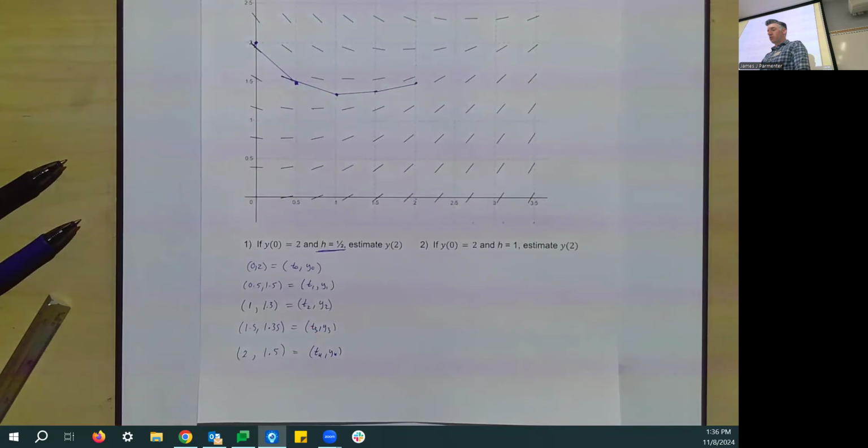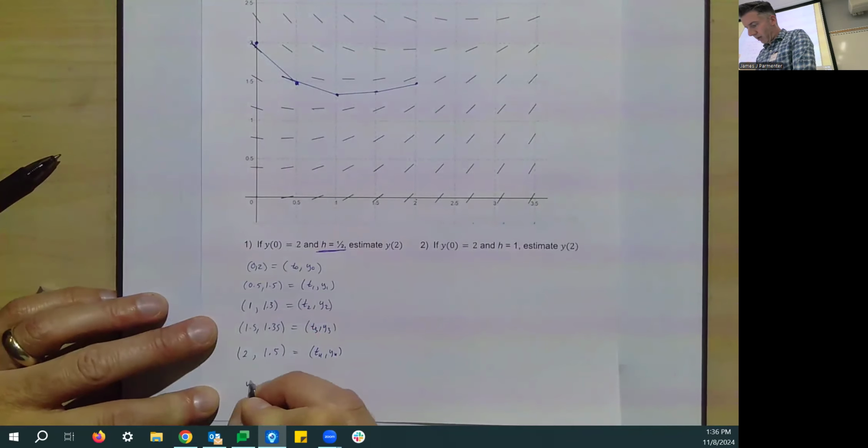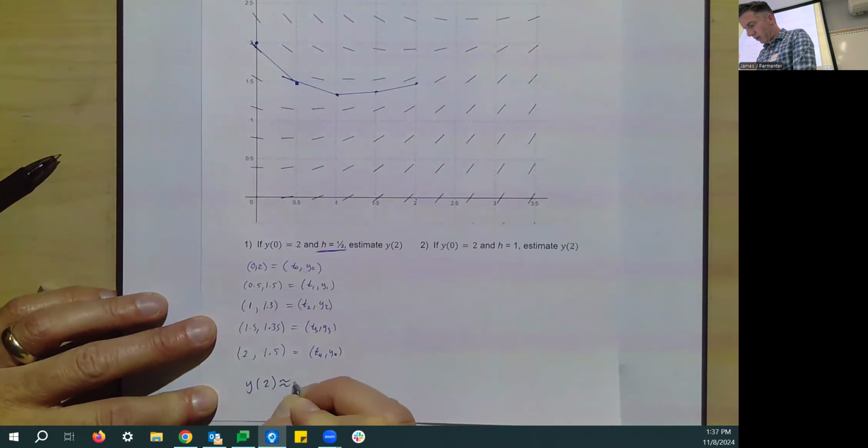So using this graph, I would approximate that y of 2 is approximately 1.5. So again, at each t, y coordinate, we're using the slope of the direction field to point us in the direction to get to the next t, y coordinate.